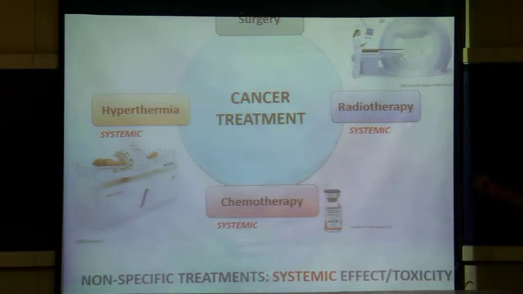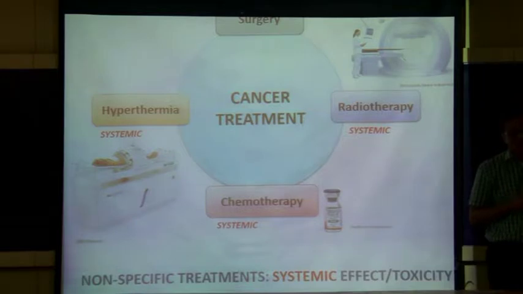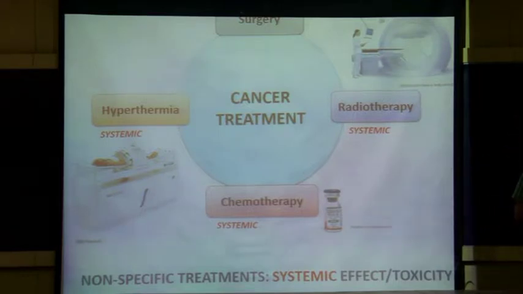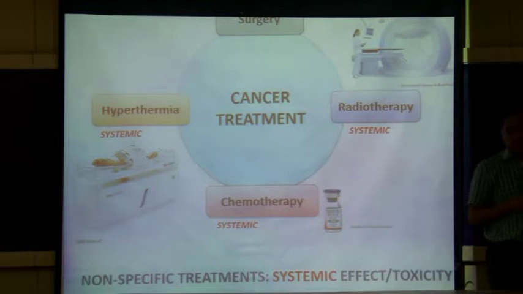Then one can have radiotherapy, which is also treatment of cancer, but it also affects healthy cells. Naturally, this is not ideal. And of course, you have surgery, which if it is successful can remove the entire tumor, but obviously has some other issues associated with the surgical process.